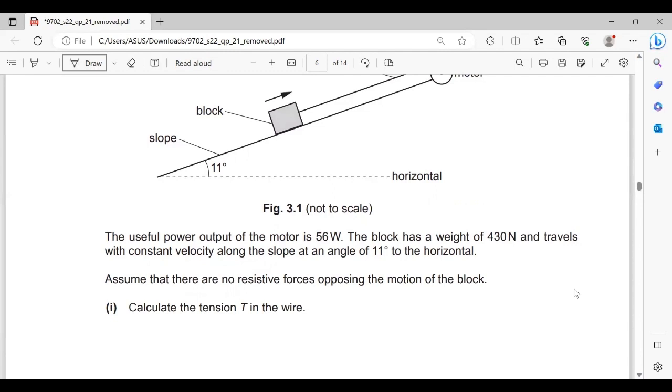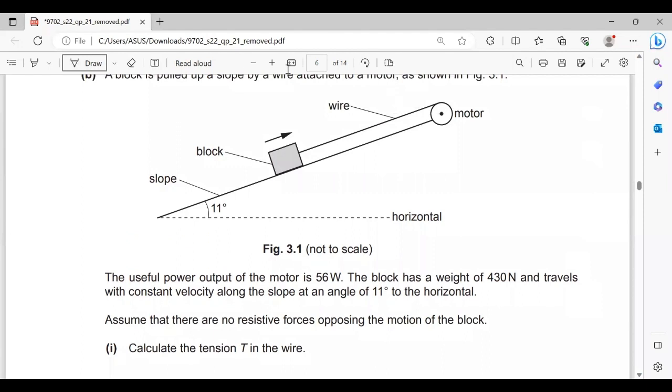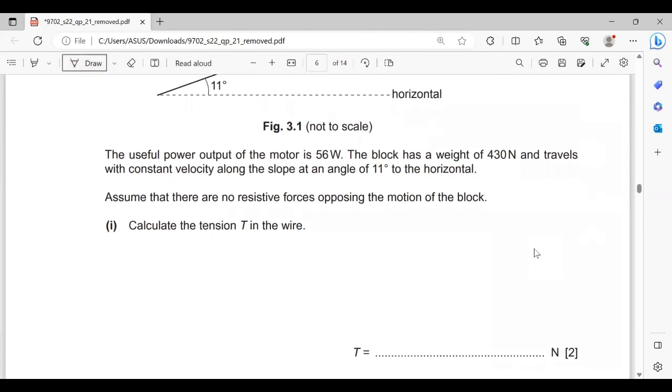Calculate the tension T in the wire. We are going to find the tension T, which happens on this wire.